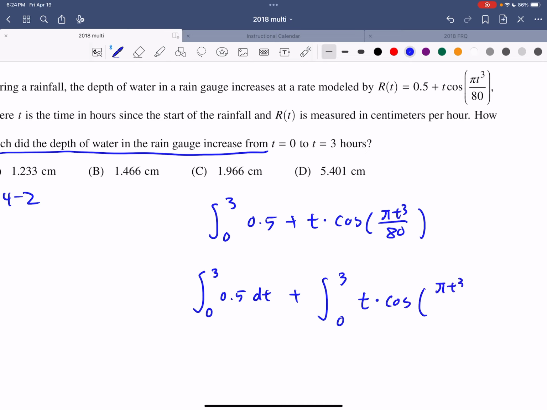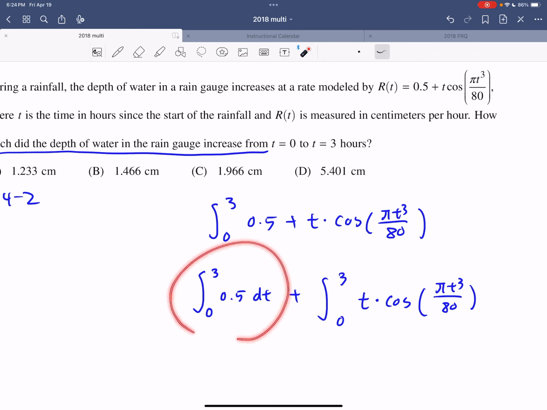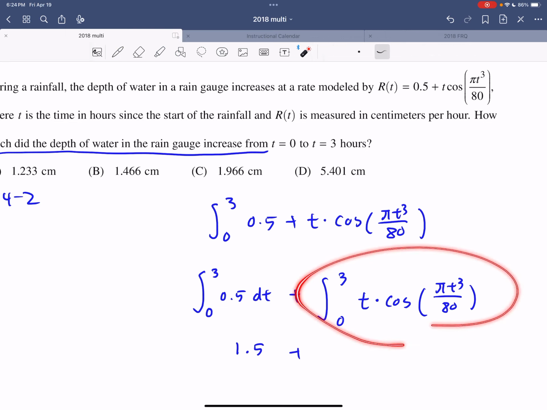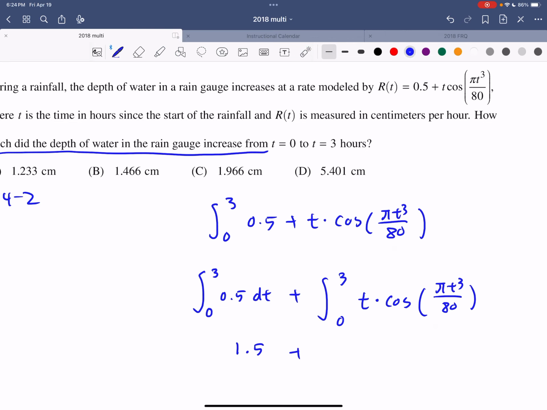Pi t to the third power over 80. So you're going to put this one into the calculator and get the answer. You're going to get something like 1.5, plus you put this one into the calculator and probably get something like 3.9, and when you add them up, you get 5.4.